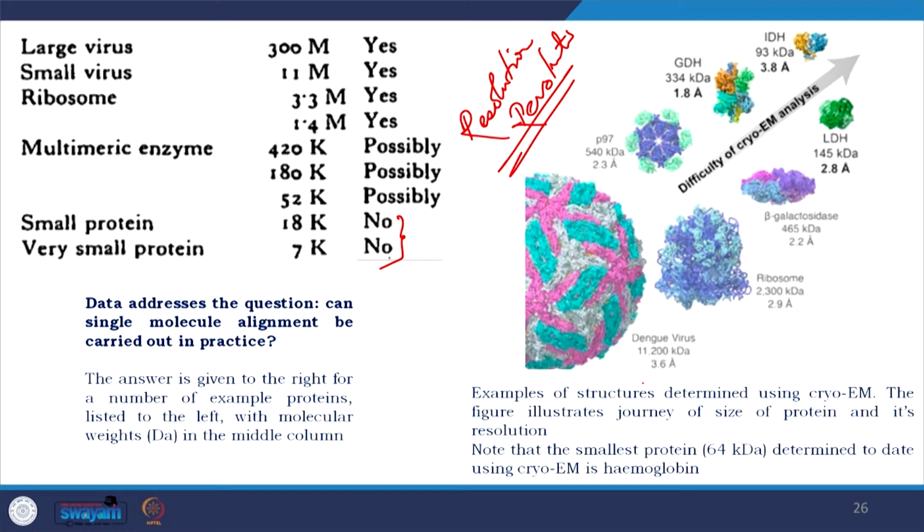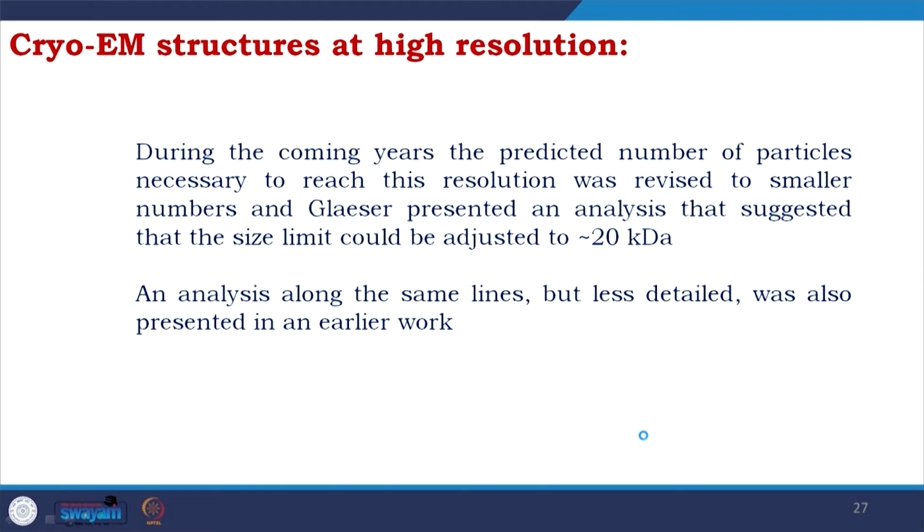Also, now the smallest one is hemoglobin, which is solved at 64 kilodalton size. So, during the coming years, the predicted number of particles necessary to reach this resolution was revised to a smaller number, and Glaeser presented an analysis that suggested that the size limit could be adjusted to 20 kilodalton.